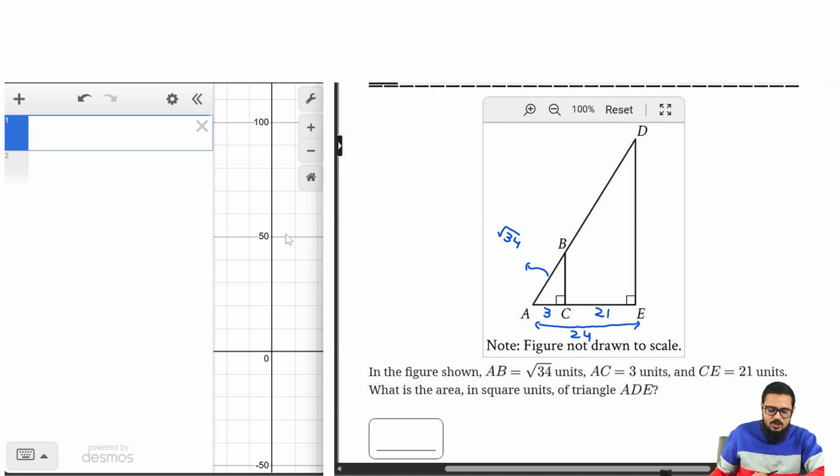So if you see the smaller triangle and this entire larger triangle, both of them have one common angle, angle A. That's the first thing that I've noticed. This smaller triangle ABC has an angle A, which is actually equivalent to this larger triangle's angle A. So both of these two triangles have got one angle exactly equal to each other, right? And both of them have got one of the angles exactly equivalent to 90 degrees.